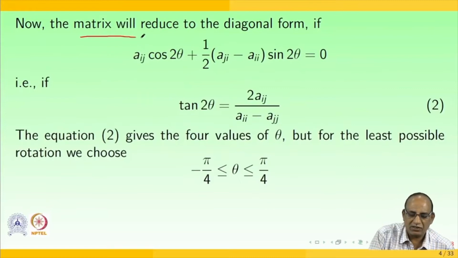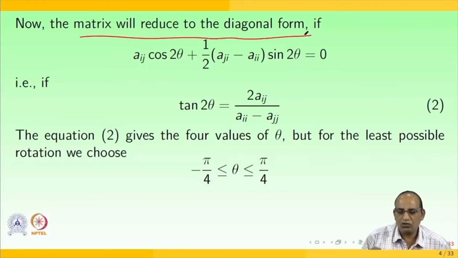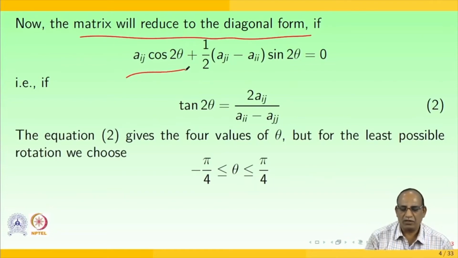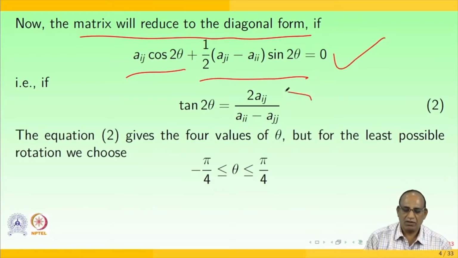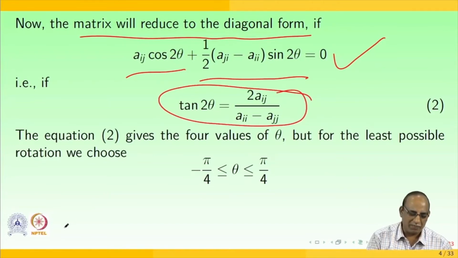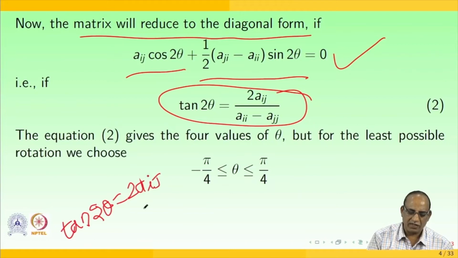Now the matrix will reduce to the diagonal form if AIJ cos 2 theta plus 1 by 2 times (AJJ minus AII) sin 2 theta is 0. Then tan 2 theta happens to be 2 times AIJ upon AII minus AJJ.